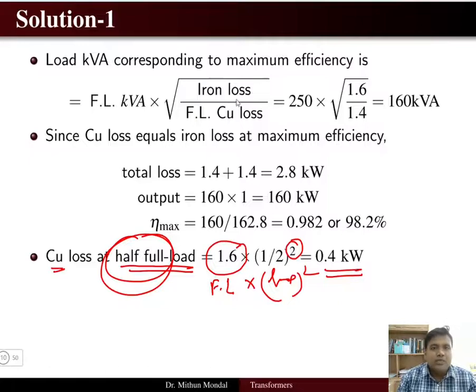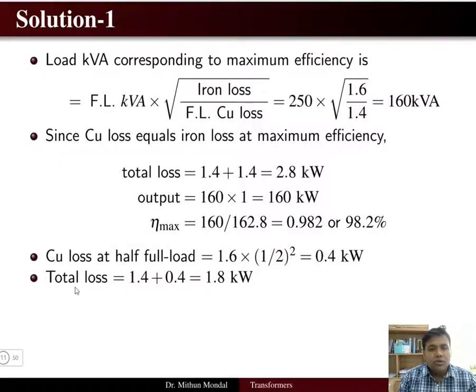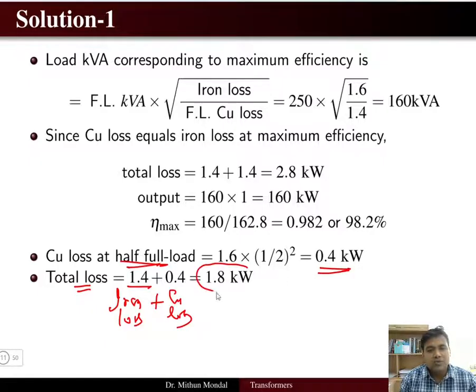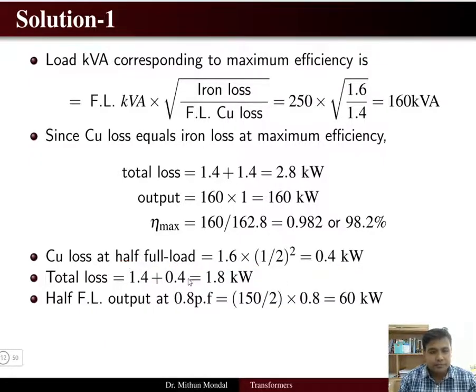Again I repeat, the iron loss is a constant loss which will not vary with load, but the copper loss for the two different conditions, the full load and half full load, will change. Now the total loss will be the sum of the iron loss, which is constant, plus the copper loss under the half full load condition, which is 0.4 kilowatt. So the total loss is 1.8 kilowatt.